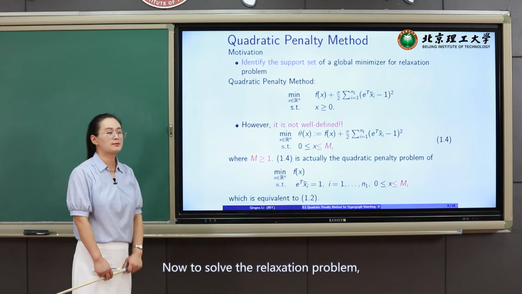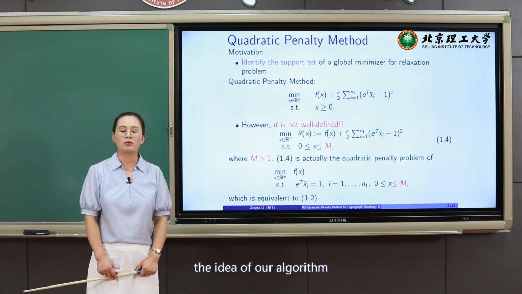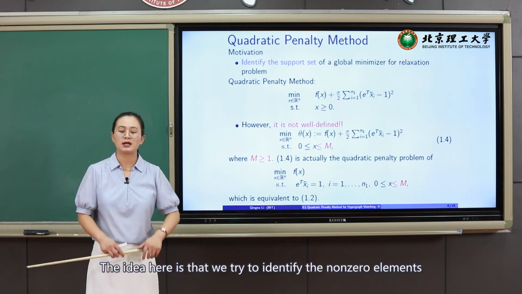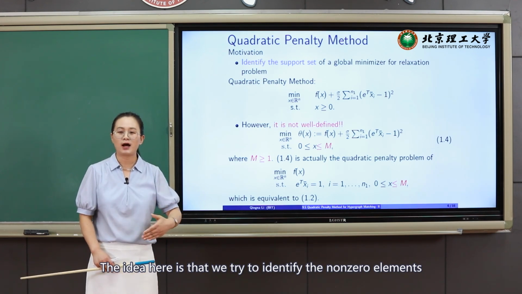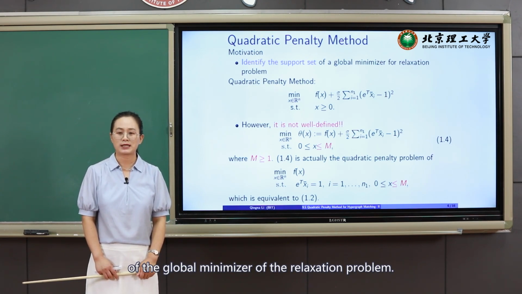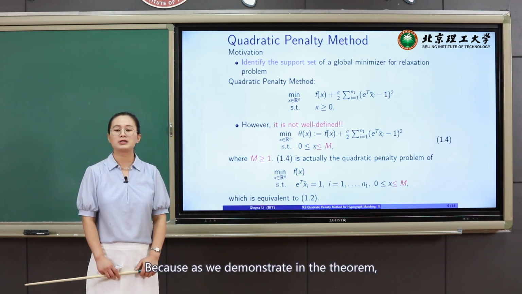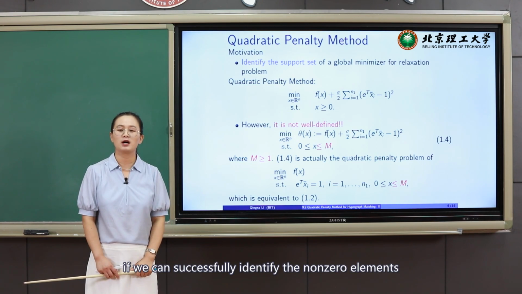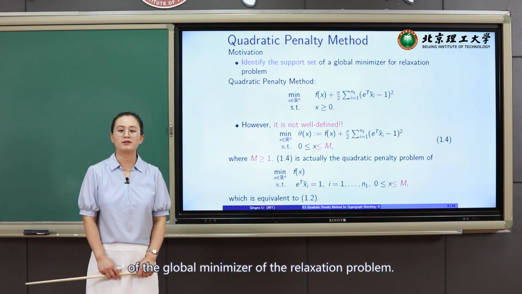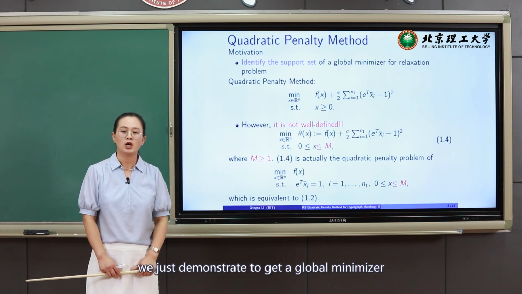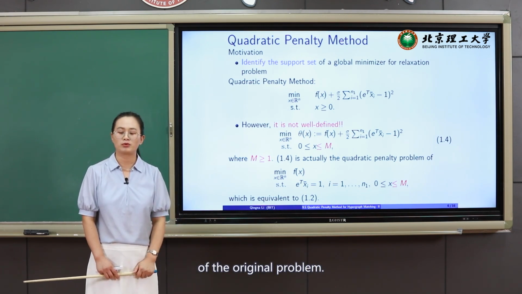Now, to solve the relaxation problem, the idea of our algorithm is different from other existing methods. The idea here is that we try to identify the non-zero elements of the global minimizer of the relaxation problem. Why? Because as we demonstrate in the theorem, if we can successfully identify the non-zero elements of the global minimizer of the relaxation problem, then we can use the algorithm we just demonstrated to get a global minimizer of the original problem.